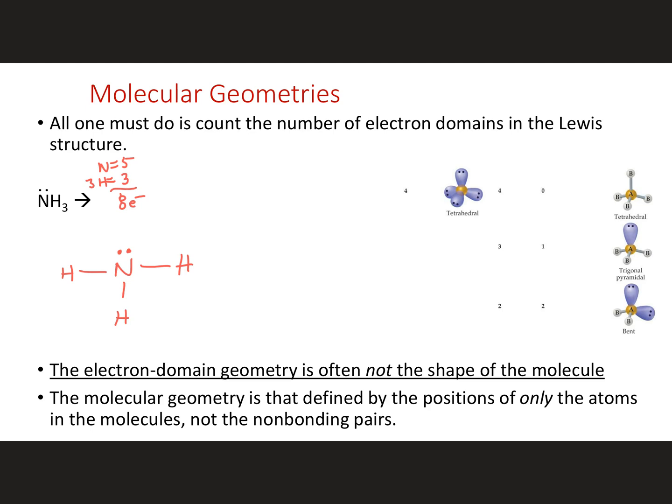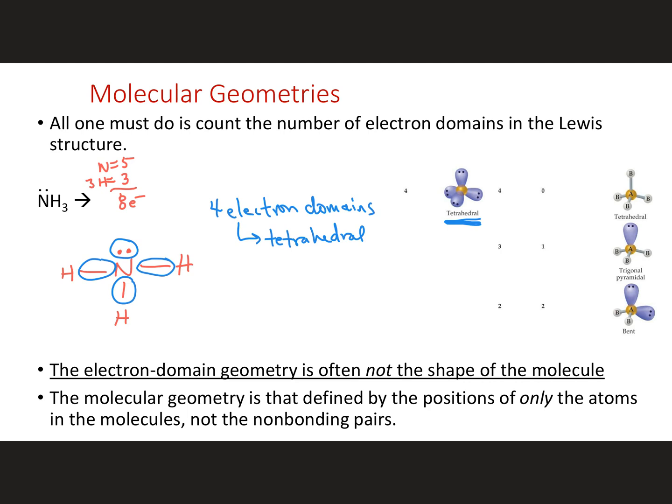Now I need to determine how many electron domains I have. Well, I have 1, 2, 3, 4 domains. So based on having 4 electron domains, my electron domain geometry is tetrahedral. My last question is, how many of those domains are bonding and non-bonding? So I have 4 electron domains. Right? That means I have a tetrahedral electron domain geometry.